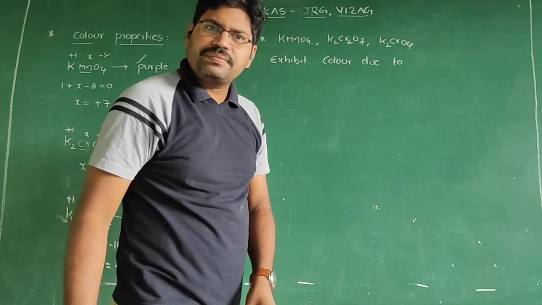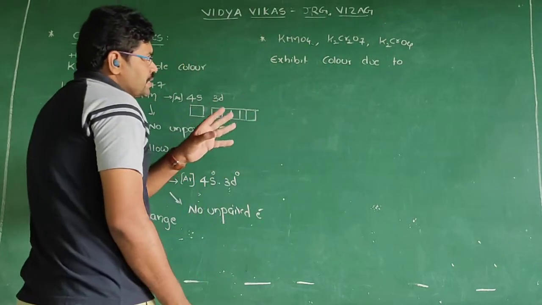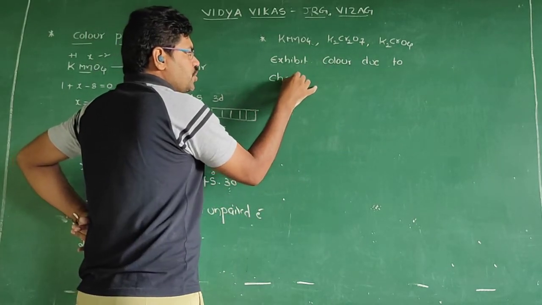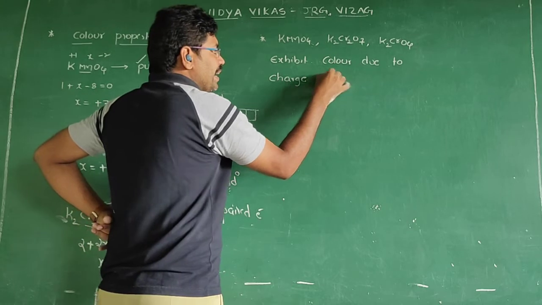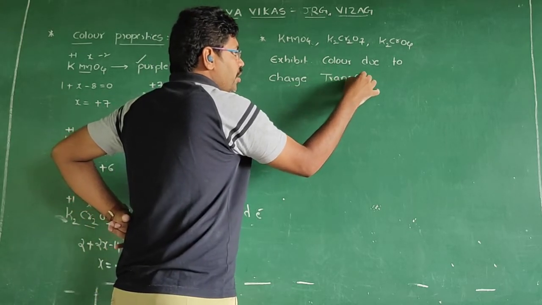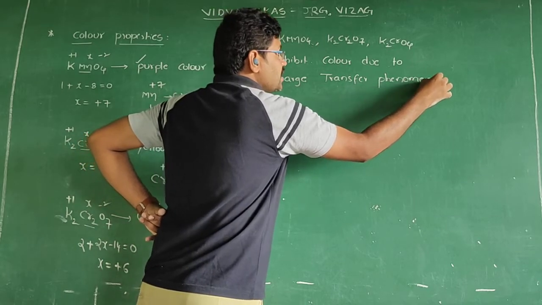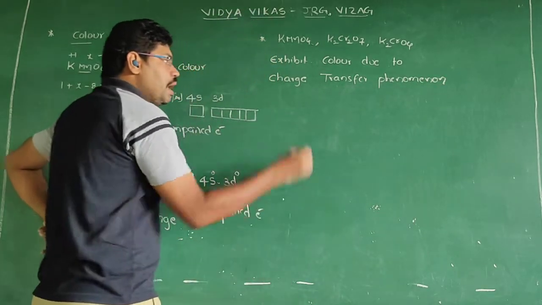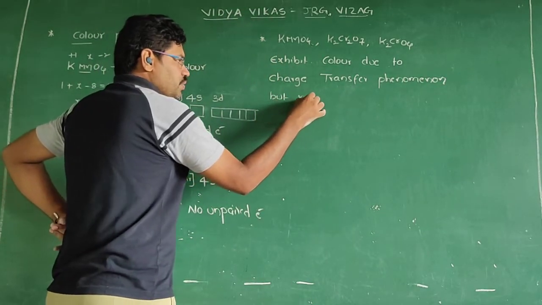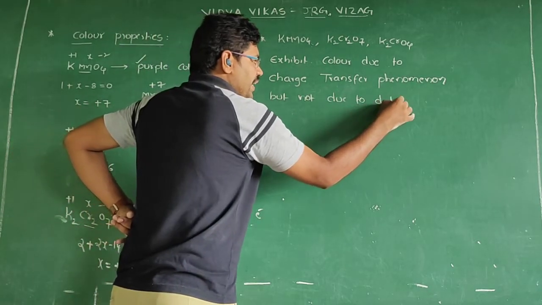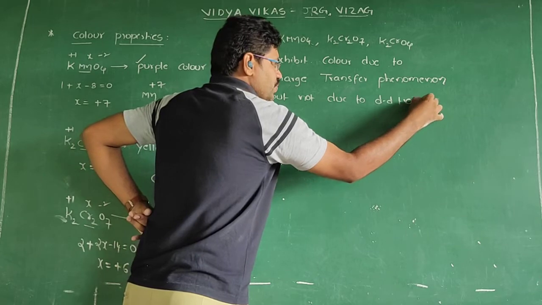But the thing is, dear students, they exhibit color due to only a charge transfer phenomena. Oh, what a topic this is! Charge transfer phenomena, but not, dear students, due to dd transitions.